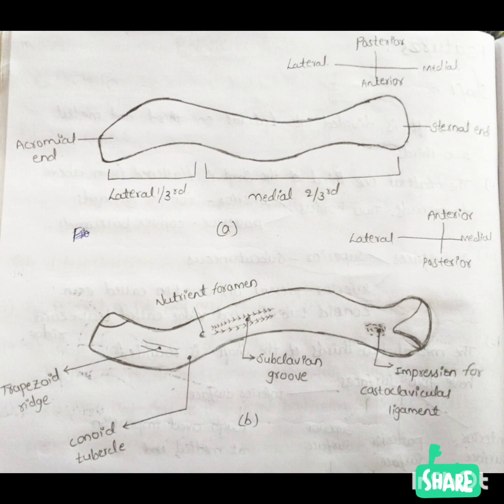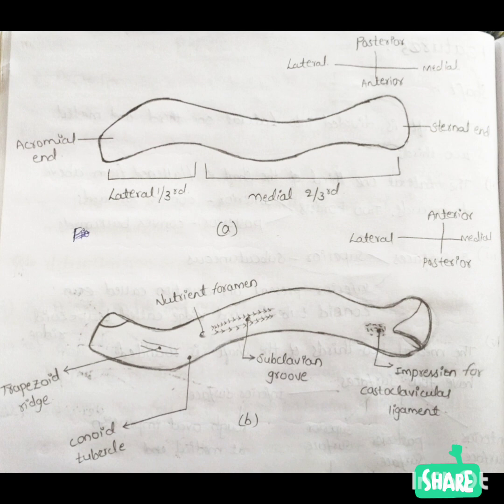Now, features. What are the features of shaft? The shaft is divided into lateral one-third and medial two-thirds. The lateral one-third is flattened and it has two borders and surfaces. The borders are anterior border and the posterior border. The anterior border is concave forwards and the posterior border is convex backwards.